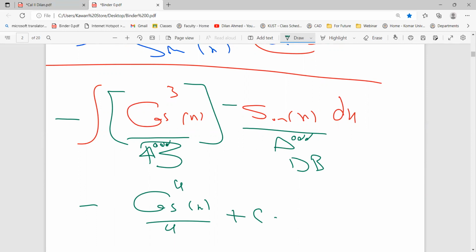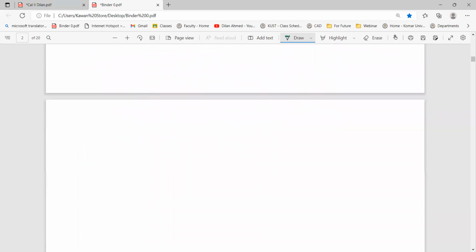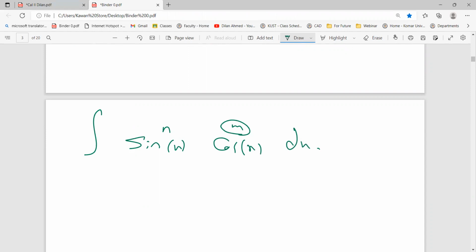Easy? Do you have any comment? No. Good. So how do we solve that one? In any case, if I have any power of sine and any power of cosine of x, if one of them is odd, up to you, that does not make a change.